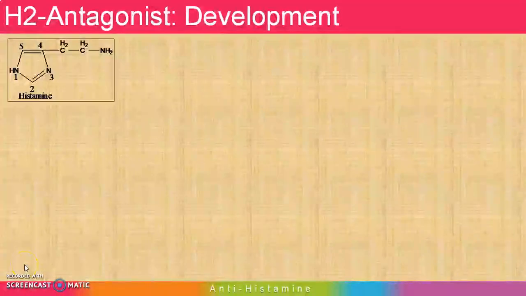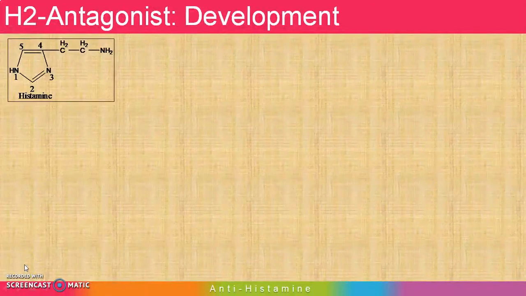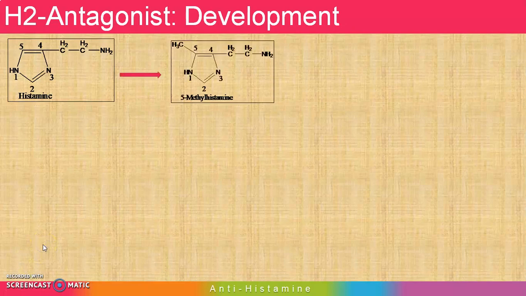Now let's see the development of H2 antagonists. Here I mentioned the structure of histamine. So the first development took place by methylation of the 5' position of the imidazole heterocycle of histamine, which produced 5-methyl histamine, a selective agonist at the atrial histamine receptor, that is H2, right?